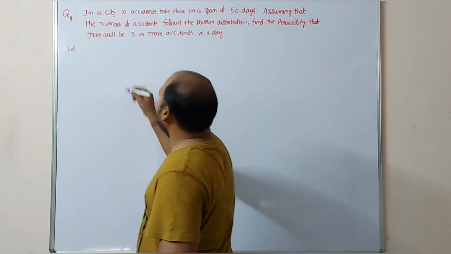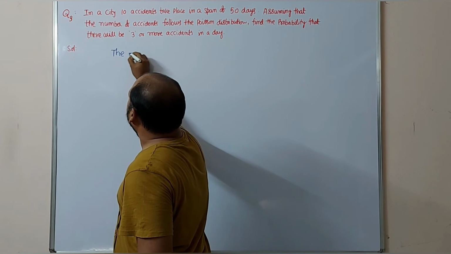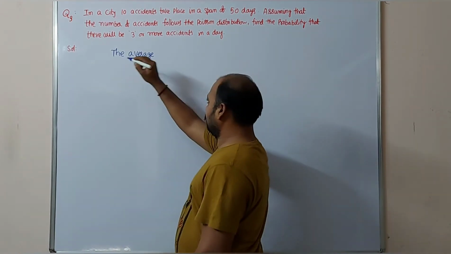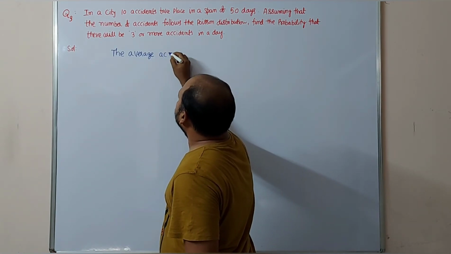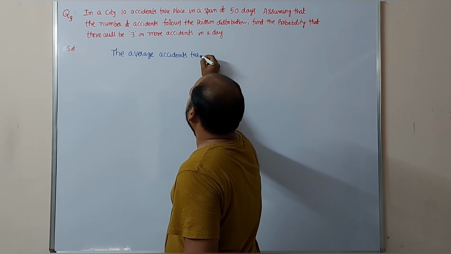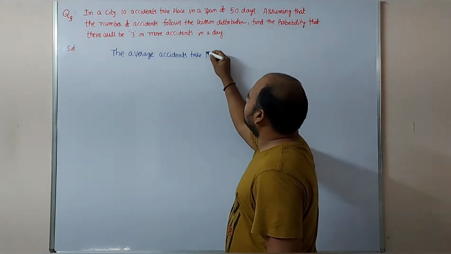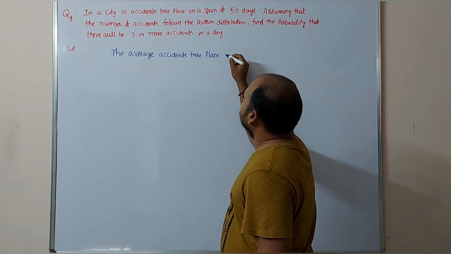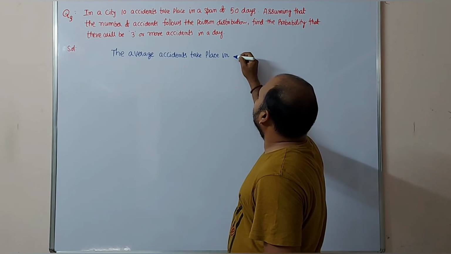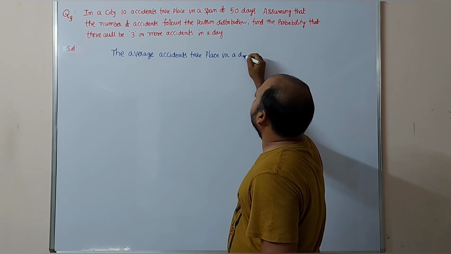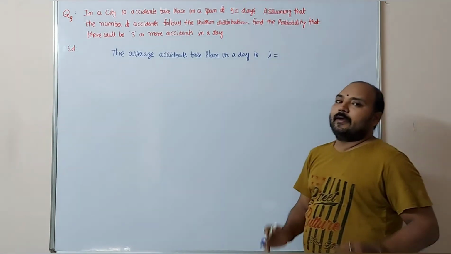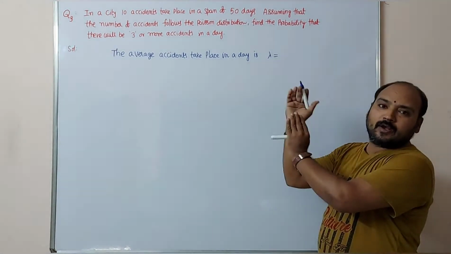So the average accidents that take place in a day is lambda. 10 accidents in a span of 50 days.